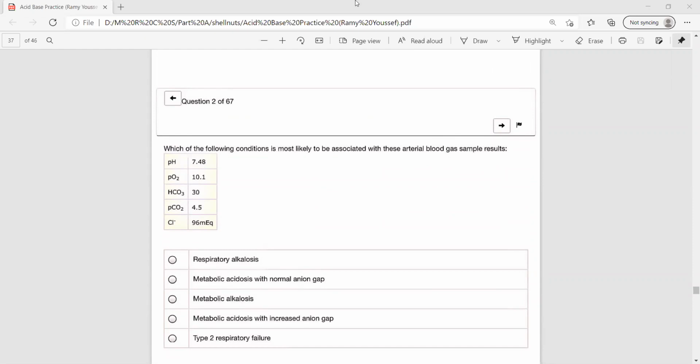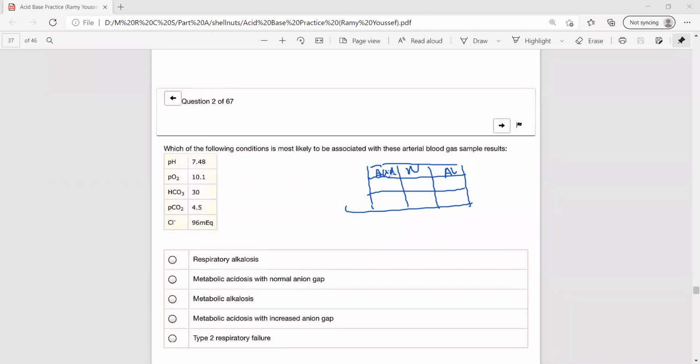Which of the following conditions is most likely to be associated with this arterial blood gas sample? The pH is 7.48, that's alkalosis. This is acidosis, this is normal, and this is alkalosis.